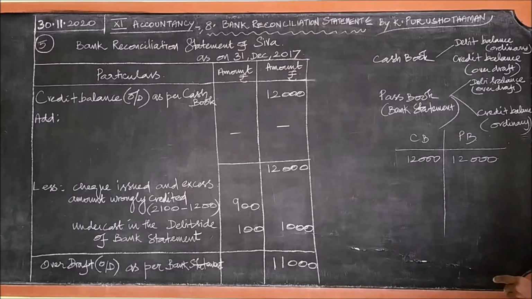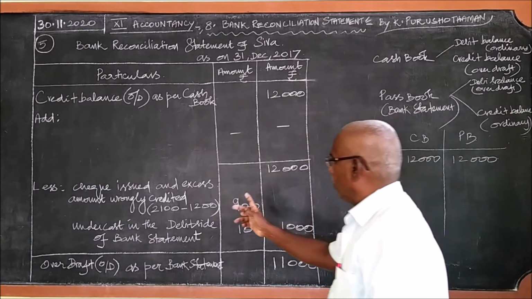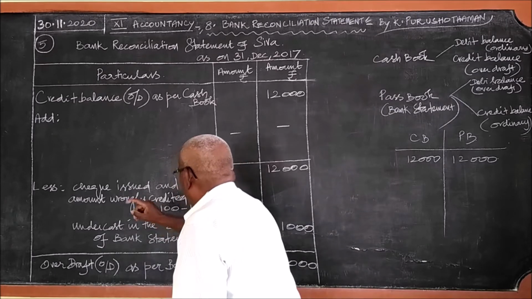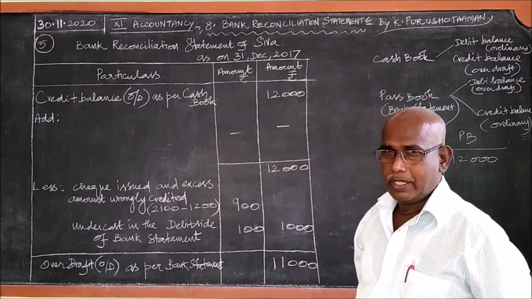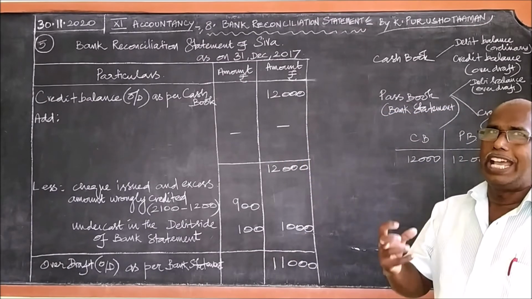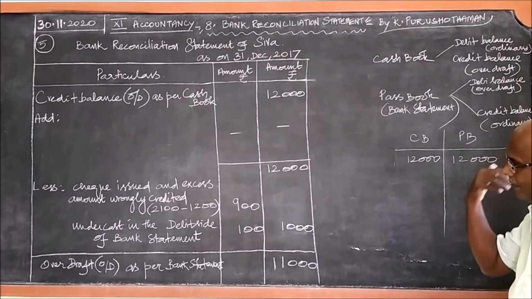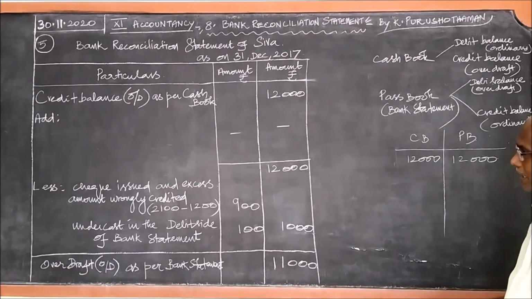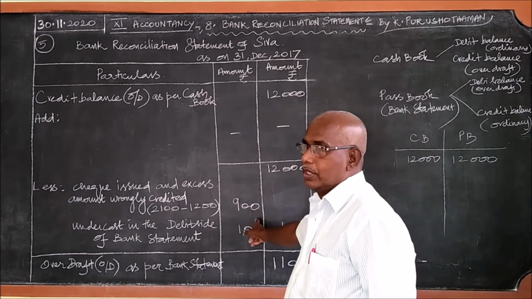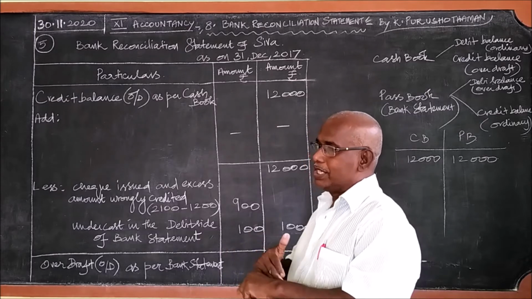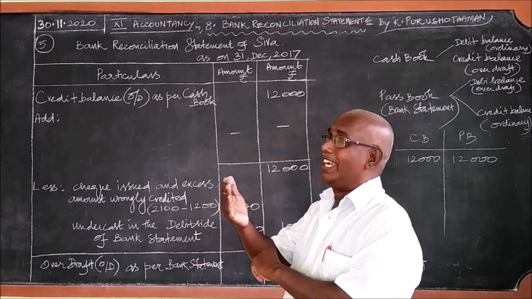But what happens? That was entered as 2,100. These two digits are interchanged; 1 2 becomes 2 1, wrongly entered. How much amount has been unnecessarily reduced from the balance? That is 900 rupees. Once the balance is reduced, to compensate or equalize, we should add.